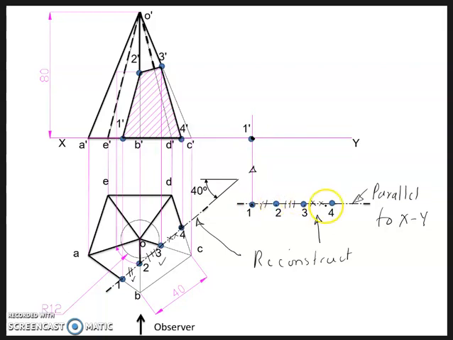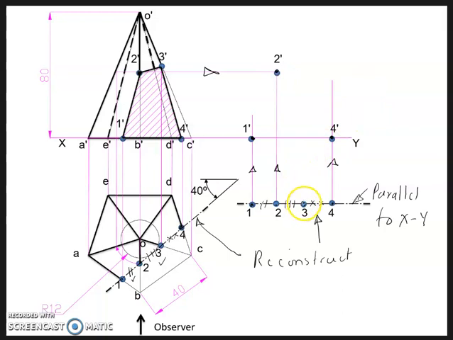Okay. Then drop a projector from point 4. Point 4 also lies on the xy line. Mark the intersection point, that is point 4. Okay. Similarly, draw projectors from 2 and draw a horizontal projector from the front. Wherever they intersect, mark the point, that is your point 2 dash.